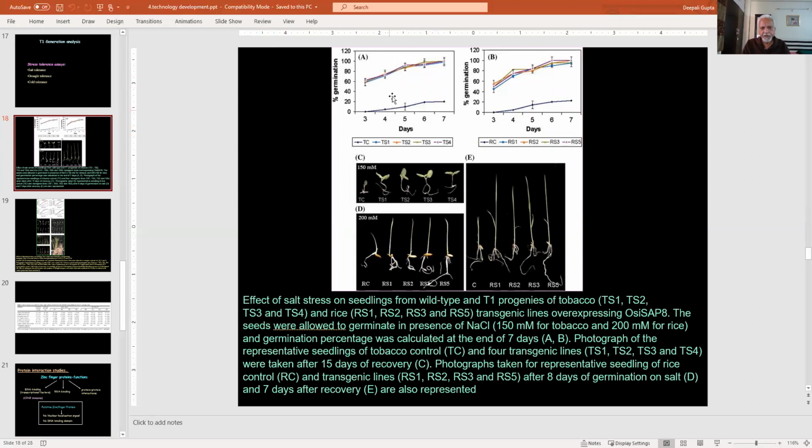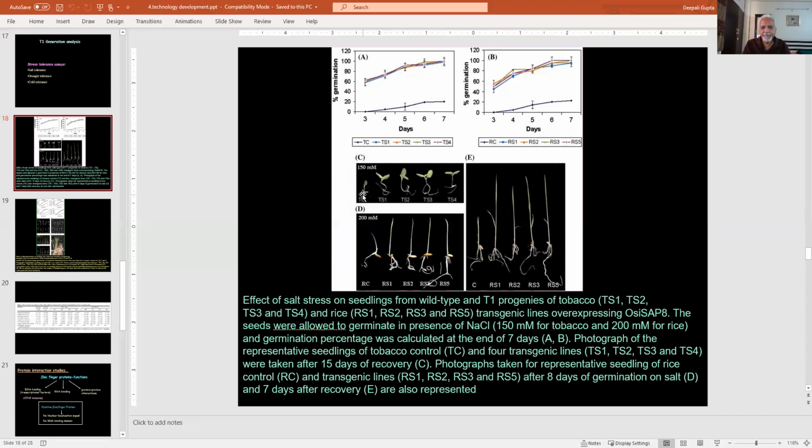So if you see here, this one is for rice and this for tobacco, and these are the control seeds germinated under stress, and they show almost 19 to 95% inhibition in seed germination, whereas the seeds of transgenic lines start slightly slowly, but after 7 days, almost 100% seed germination was seen, both in rice as well as in tobacco.